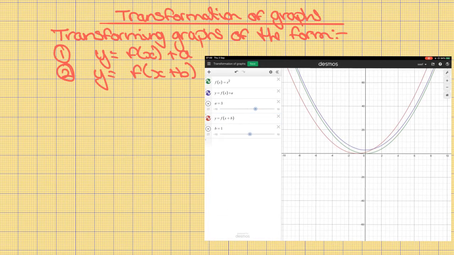If we make b 0, it lies on top of our original graph. If we now make b positive, you can see that the graph moves parallel to the x-axis, but to the left.